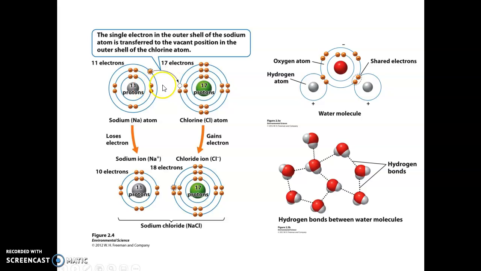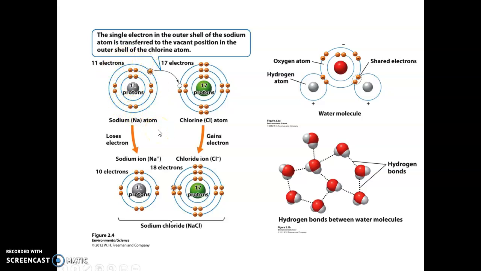But when sodium interacts with chlorine, one of the electrons that's all by its lonesome in this orbit, in this shell, doesn't like to be by its lonesome. Notice how a lot of them are here in pairs. So this electron then moves into the orbit of the chlorine so that this shell is filled and this one is completely empty.